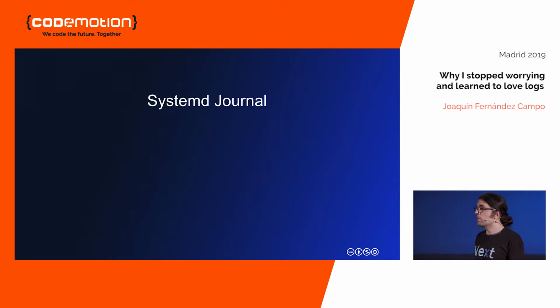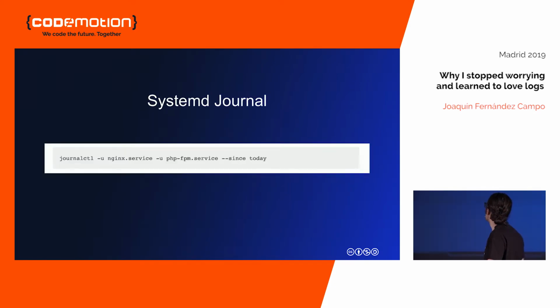We can also be using the systemd journal. Years and years ago, or 10 years ago, there were the init wars between different init systems for Linux distributions. You had systemd, Ubuntu had its own, then there was also SysV init.